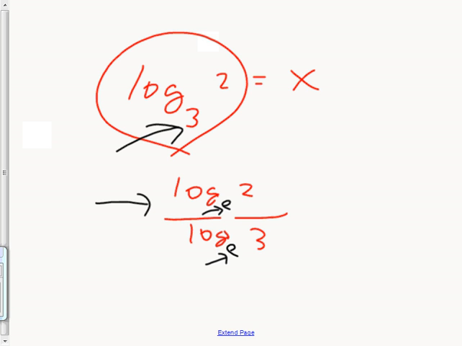It could be base 10, it could be base E, it could be base 145, anything you want. The answer will still come out the same. Because if you get a really big base, then you get a smaller and smaller answer, but the top is smaller and the bottom is smaller so that they stay the same proportion. So it doesn't matter what base you use. So that's called base change.